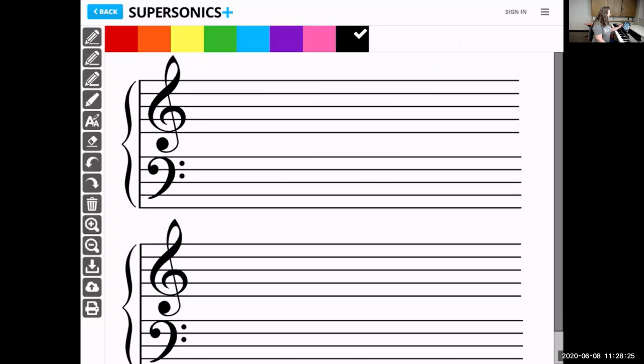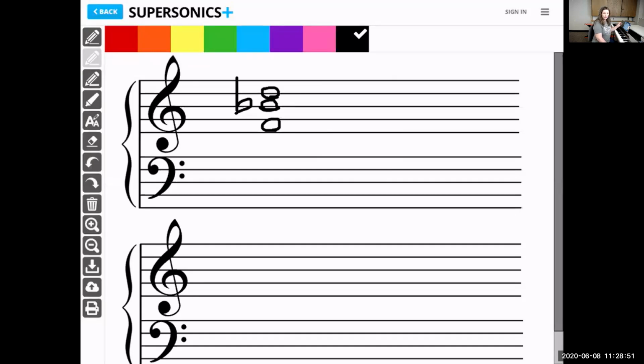Our next one, still in treble clef. Our bottom note for the next one is the F, a B flat, and a D. That should pop up.